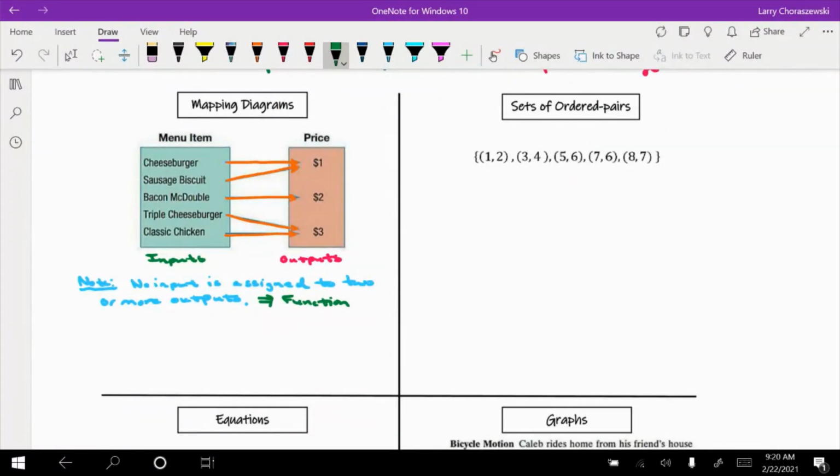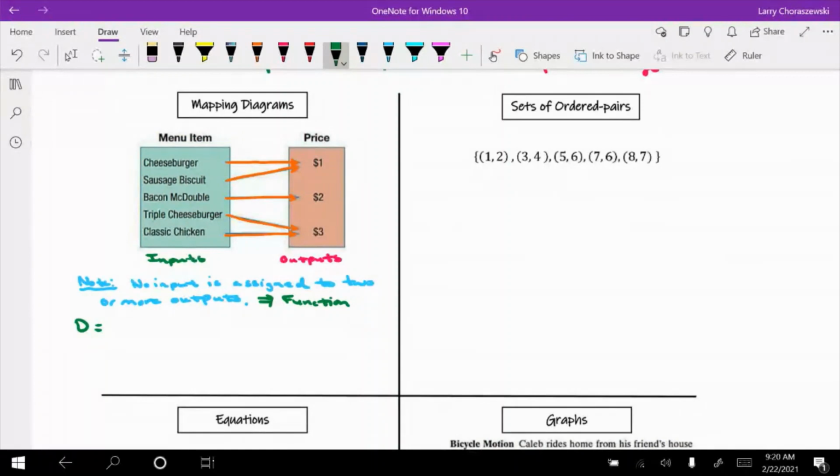We can also talk about this mapping diagram's domain, which I'm going to write as capital D. And unless your function is presented as an equation or graph, you'll write the domain using set notation. And set notation is what's actually being used in the set of ordered pairs example.